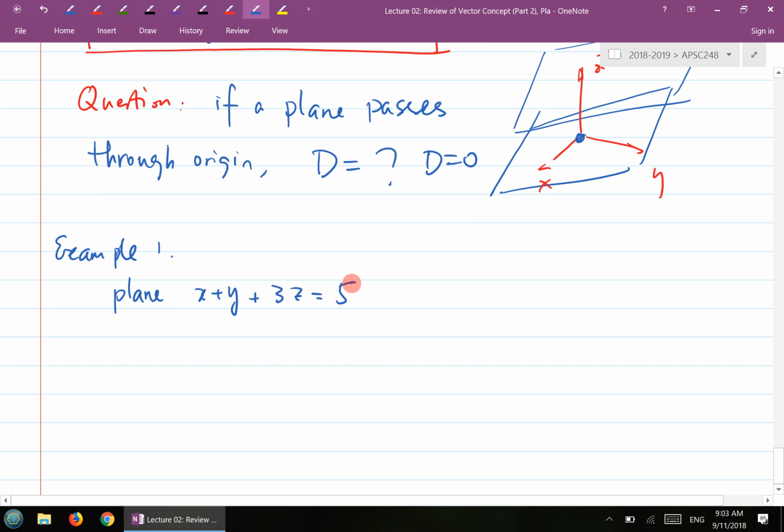I'll give you a plane, which is written down here, and also a vector V. So given a plane, given a vector, the question here is, what's the relationship between this vector and this plane?